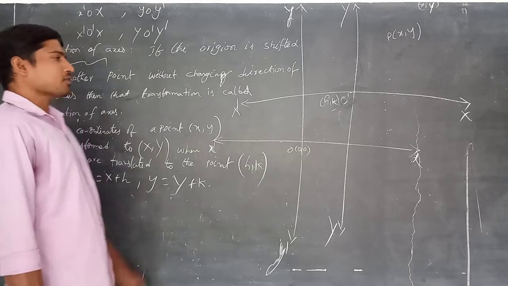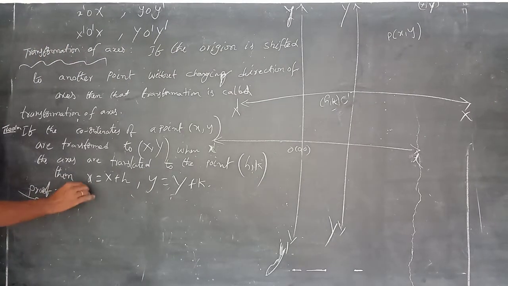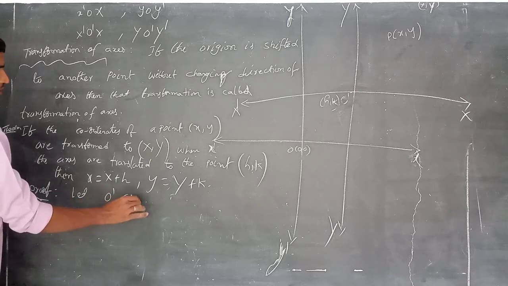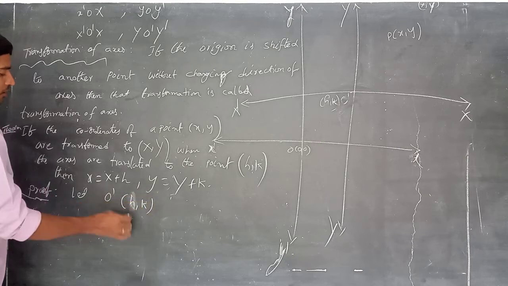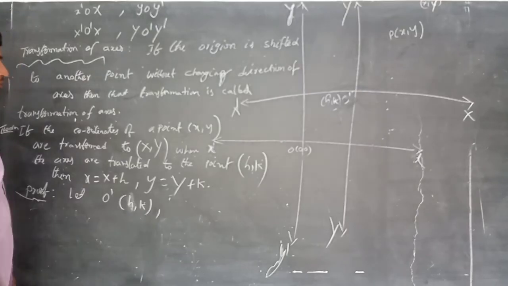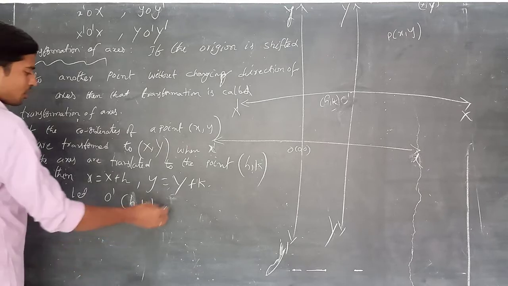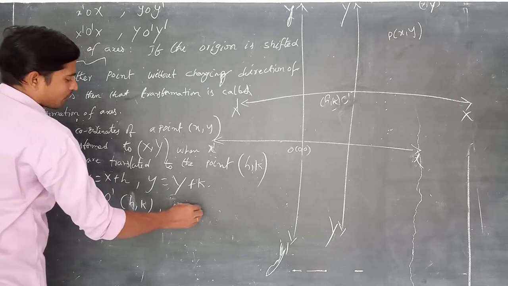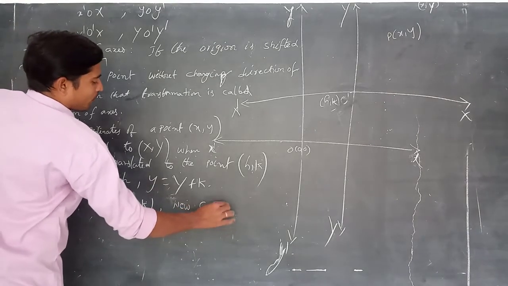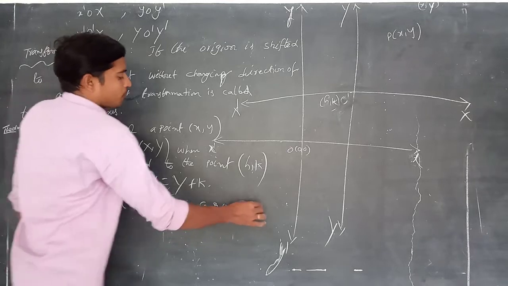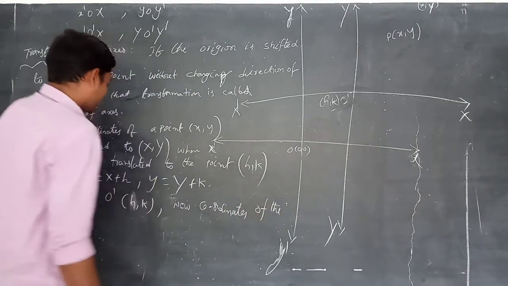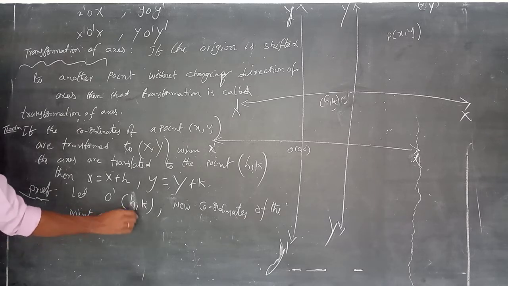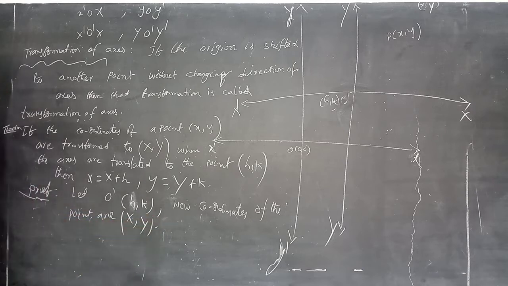Suppose O dash equal to h comma k, and the coordinates of the point are x comma y.